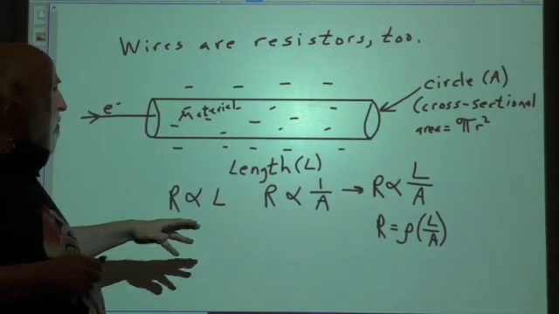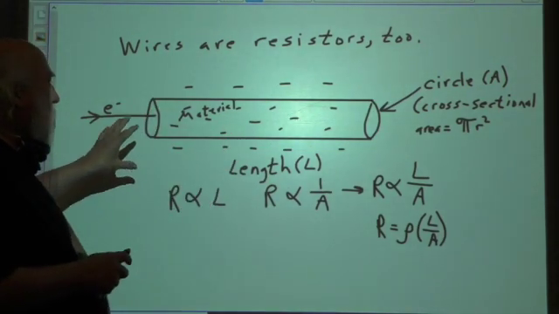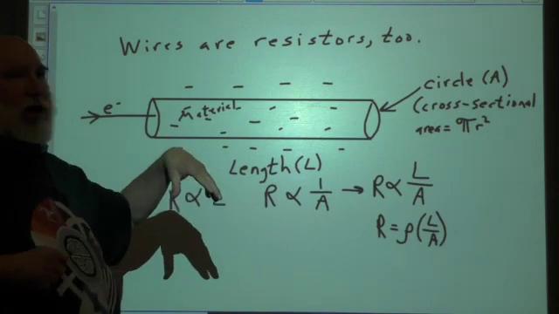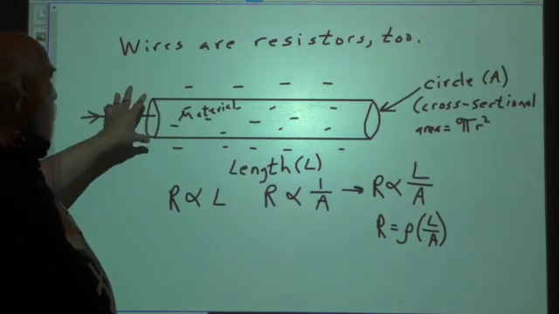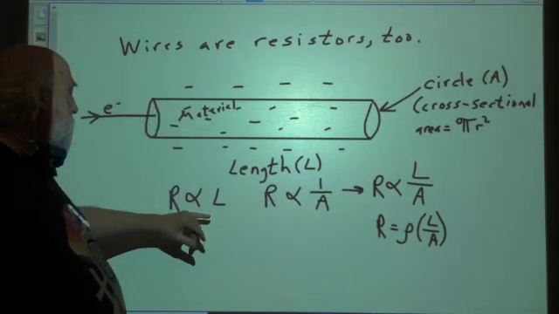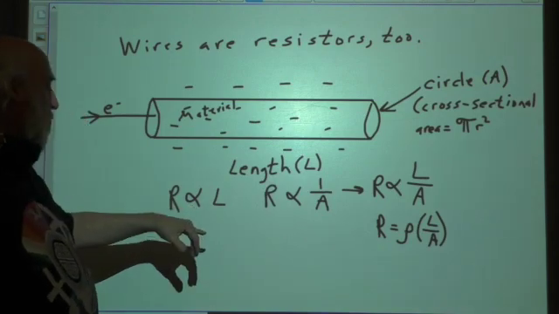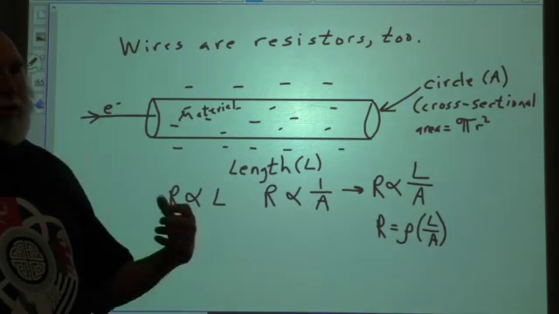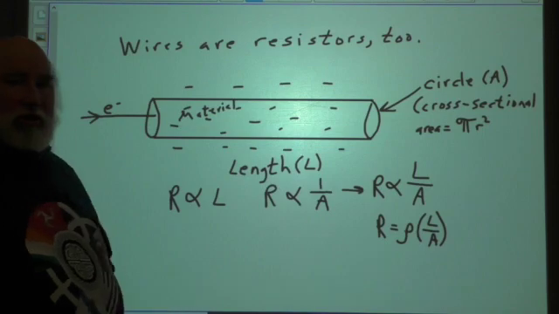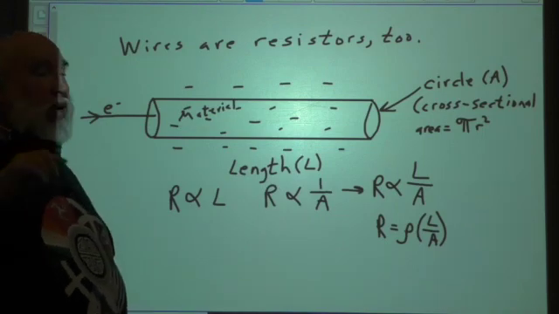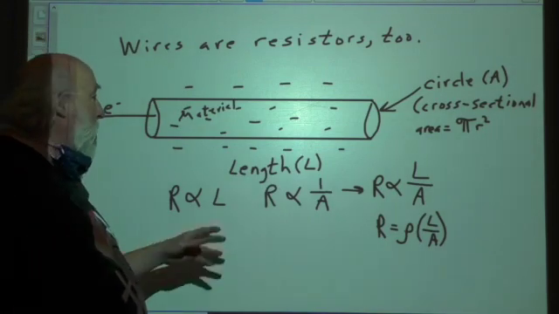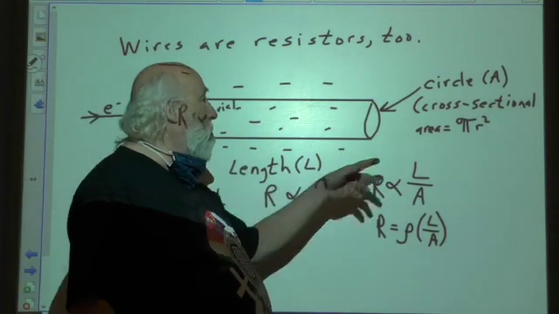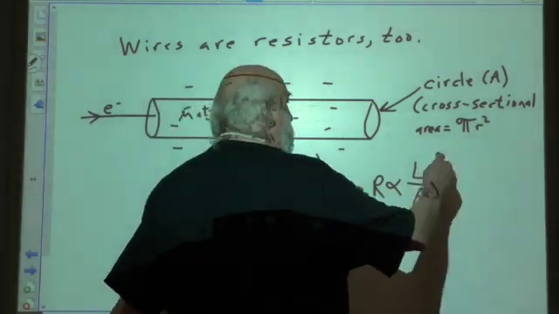That's minimal. But for the wires themselves, if you have a lot of wiring, the length of a wire has a direct relationship with the resistance, meaning the longer the wires, the more resistance you're going to get, which makes sense. To me, the one that's baffling is the next one, and that is the cross-sectional area of the circle.